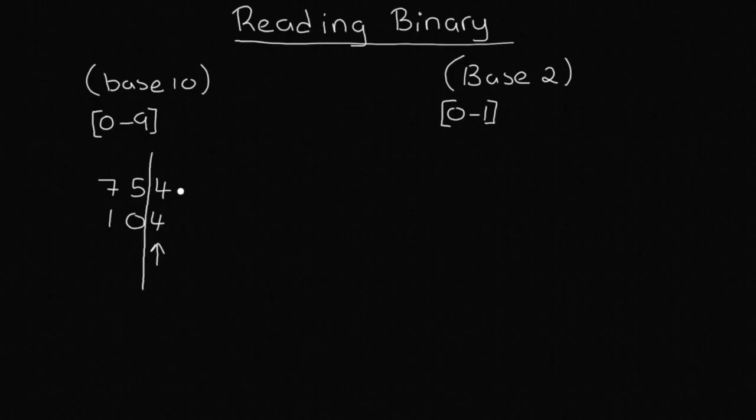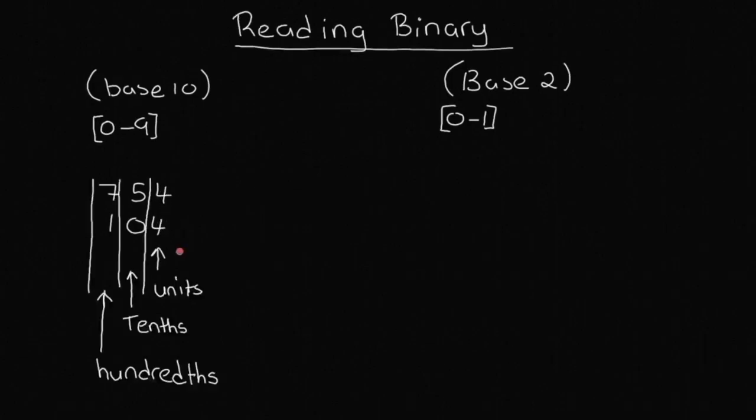In this example, we can see that they're both 4. While we were in primary school, we probably referred to these different columns with different names. Usually this first column here with the 2 4s in it, we would have called units. And then we understand when we reach 9 here and we want to add more to it, we have to change this and we carry 1 over to our tens.